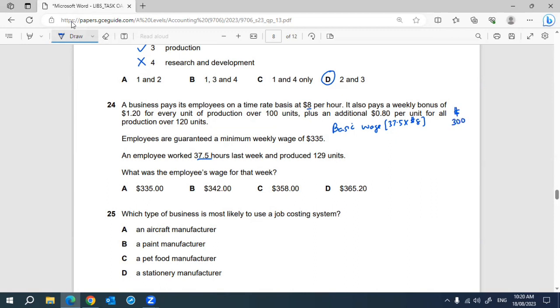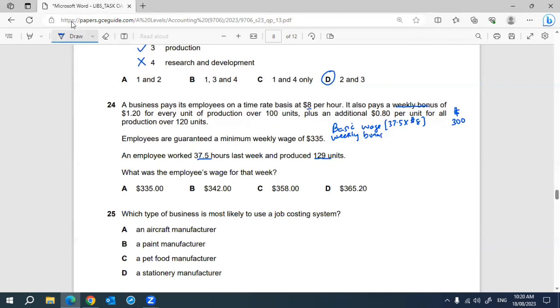Then we also have the weekly bonus. Now it says here in the question that a weekly bonus is paid for every unit over 100 units. So how do we know that the employee earns a weekly bonus? Because the employee produced 129 units, which is clearly more than 100.